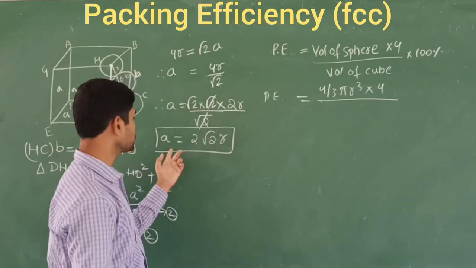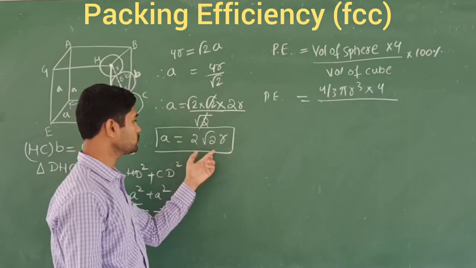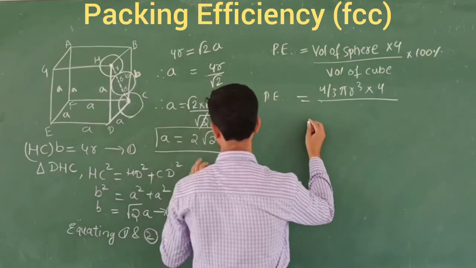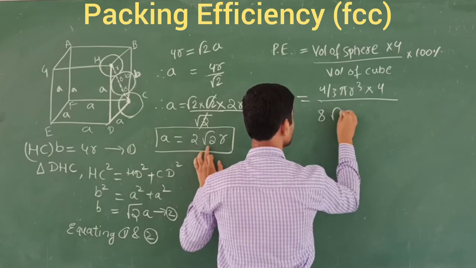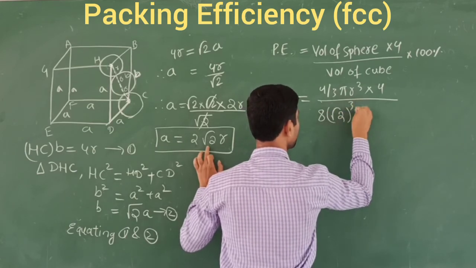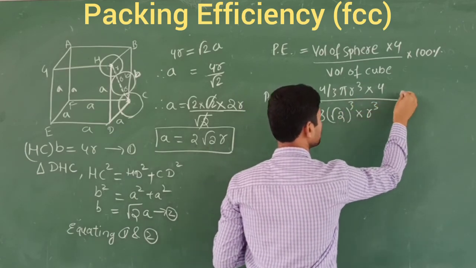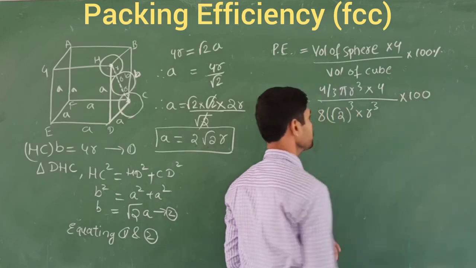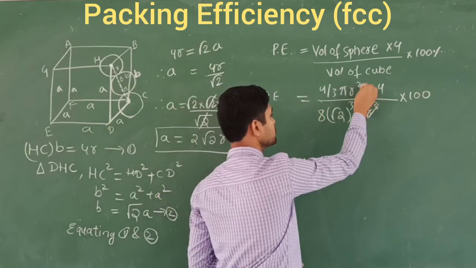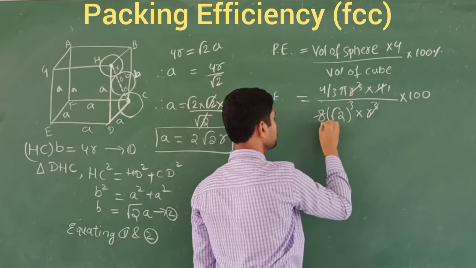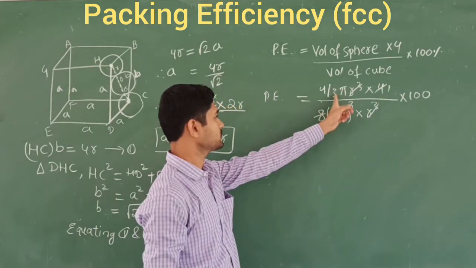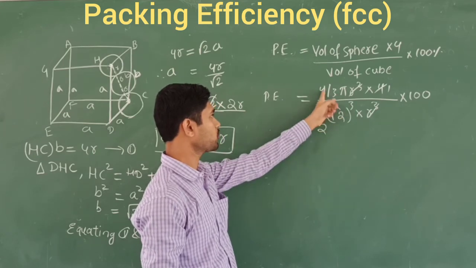A is equal to 2 root 2 r, so a cube I am going to write directly as 2 cube, which is 8, and root 2 cube, into r cube, into 100. So this r cube and this r cube will be cancelled, and the 4 and this 4 cancel, the remaining 3 comes to the denominator, and it becomes 4 by 6.